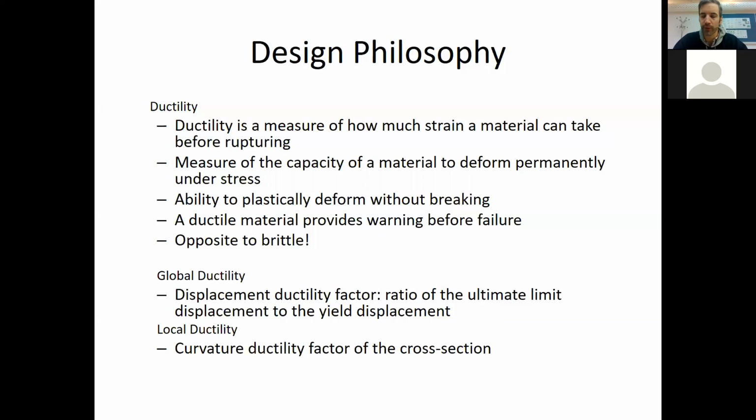So just have more steel, more concrete, stiffer structures. But that turned out to be not a very good idea for reasons that we're going to be looking at later. And nowadays, the philosophy is making them more ductile. So being able to deform without collapsing.